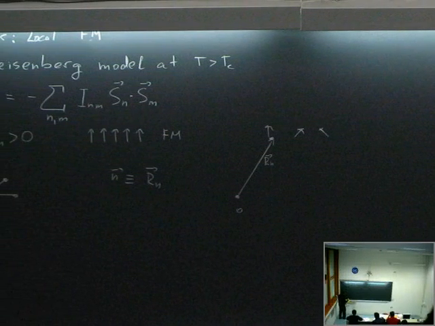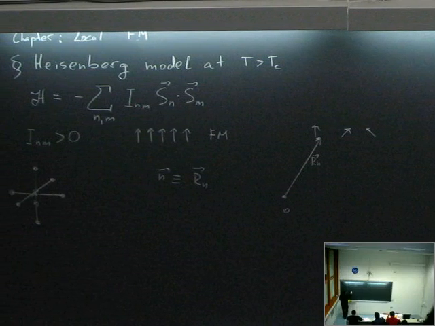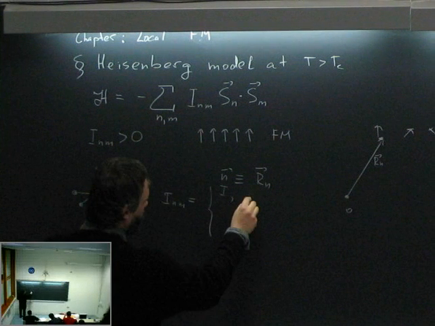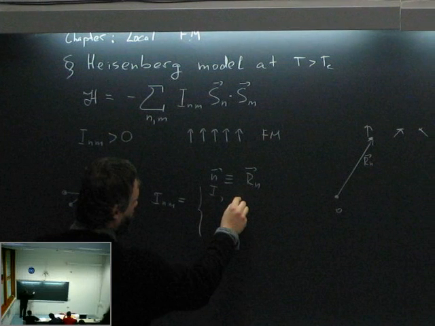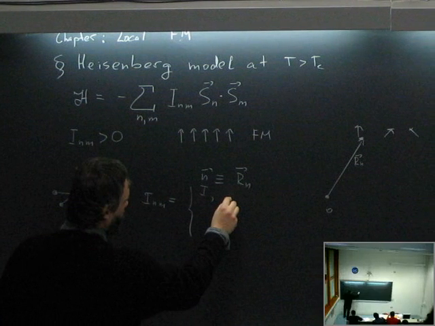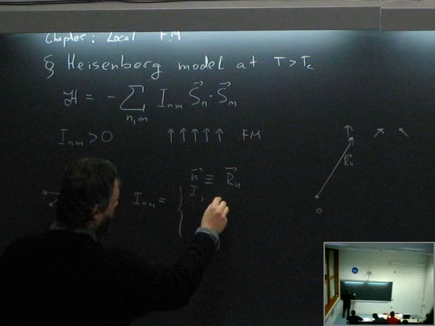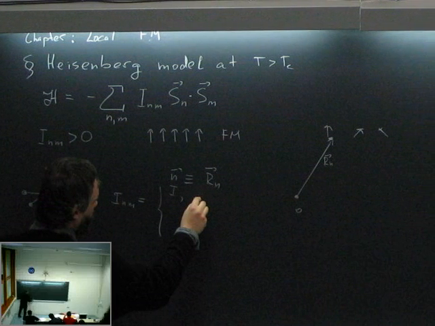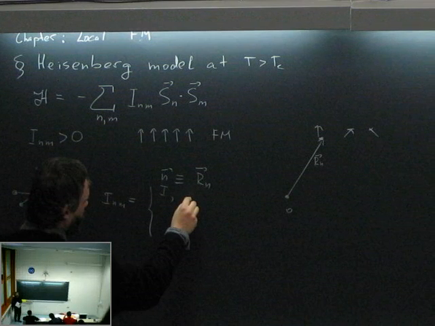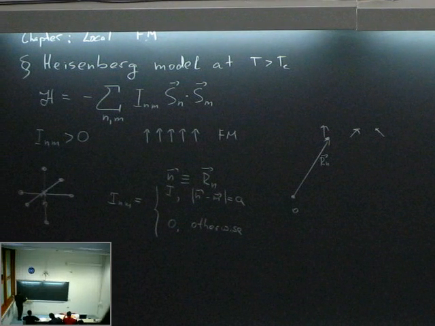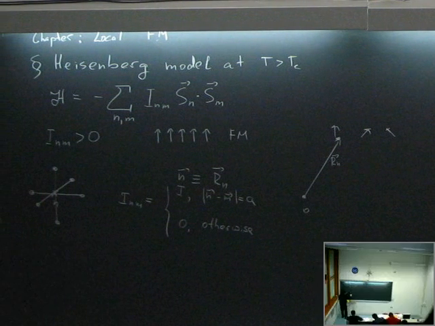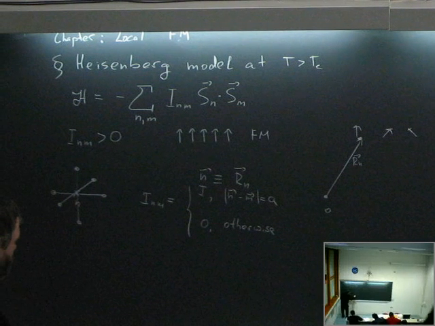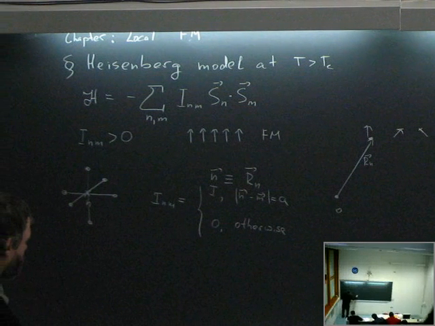So, if I_nm is equal to I for |n - m| equal to a, where a is the lattice constant, and 0 otherwise, then we speak about nearest neighbors interaction.